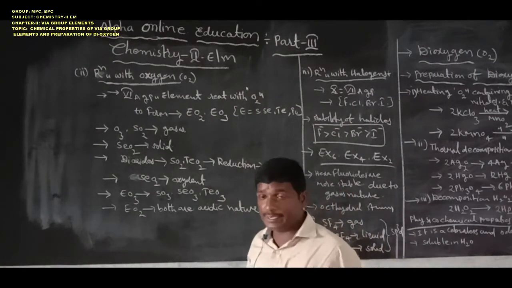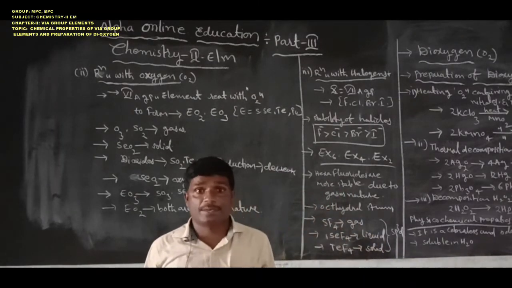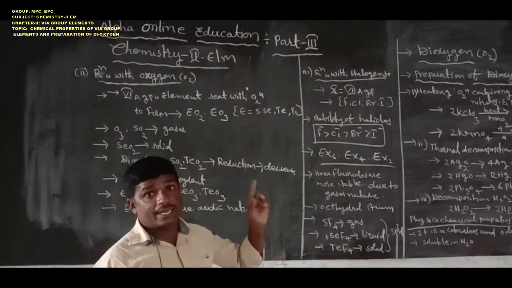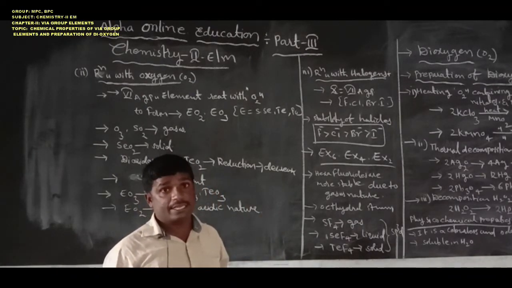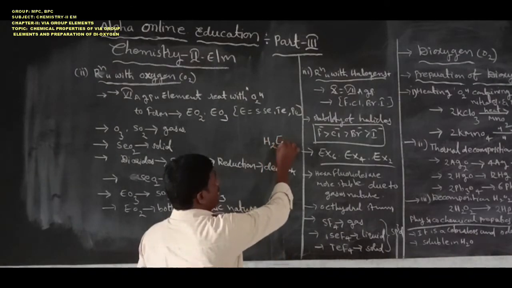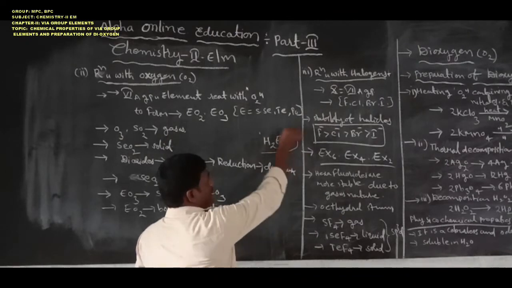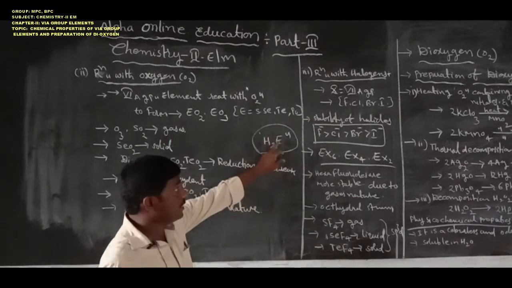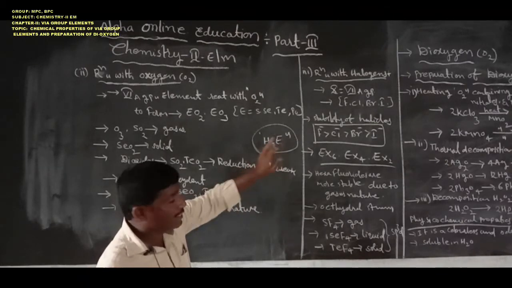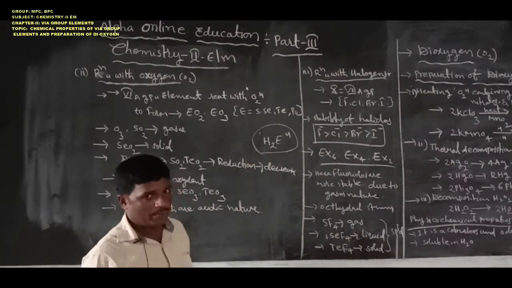We already discussed the chemical properties of 6A group elements. The first one is reaction with hydrogen. All 6A group elements react, combining with hydrogen to form hydrides of the formula type H2E, where E is a 6A group element.